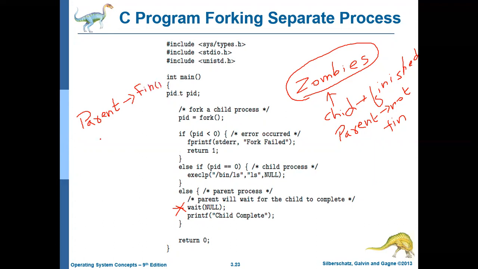This situation is called orphans. Now this child will become an orphan. So these child processes are called orphans.